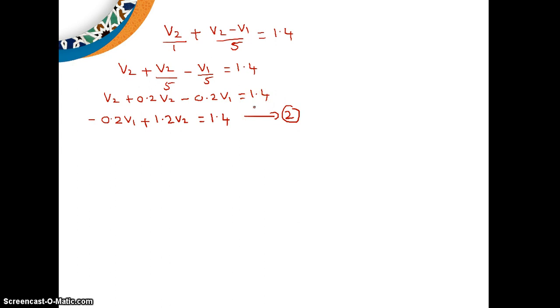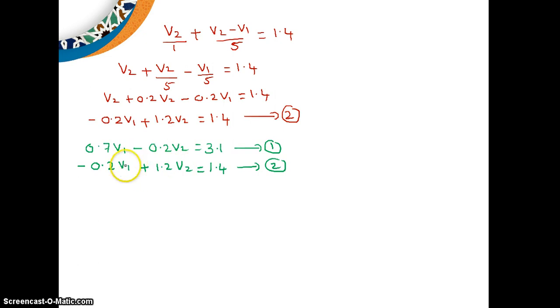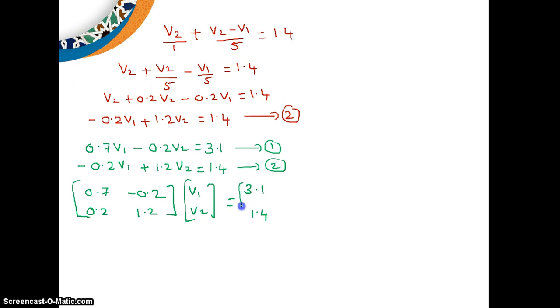Now you have equation number 1 and equation number 2. You have to calculate V1 and V2. These two simultaneous equations I am solving using the matrix method. I can rewrite it in matrix form. Coefficients of the first equation are 0.7 and minus 0.2, and of the second minus 0.2 and 1.2, multiplied by V1 V2, equal to 3.1 and 1.4.